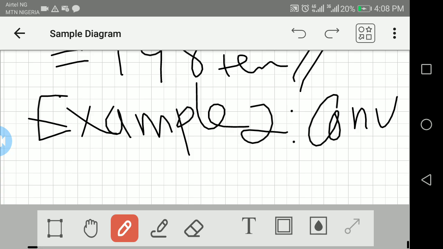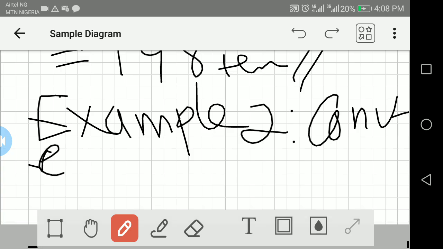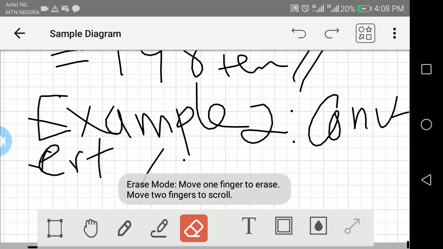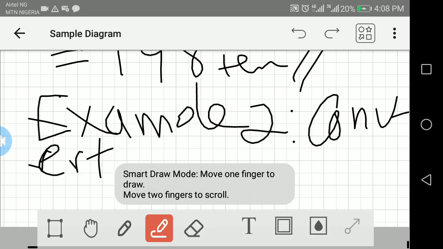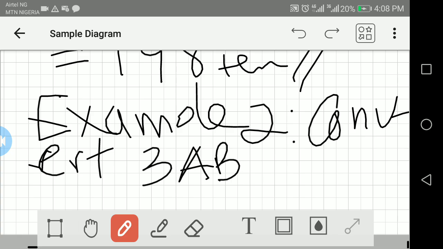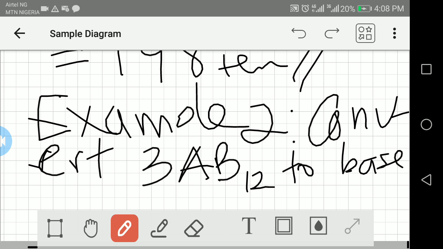Convert 3AB, and this number is set to be in base 12, to base 10.